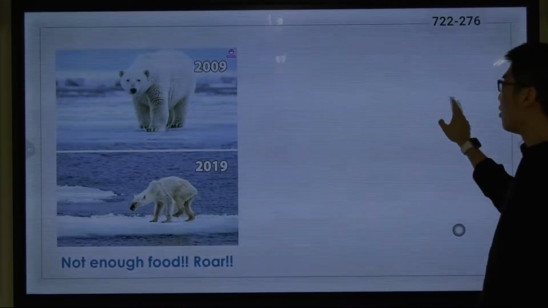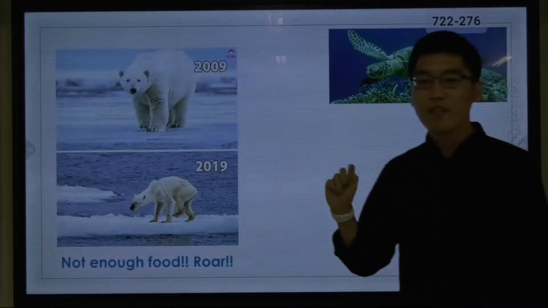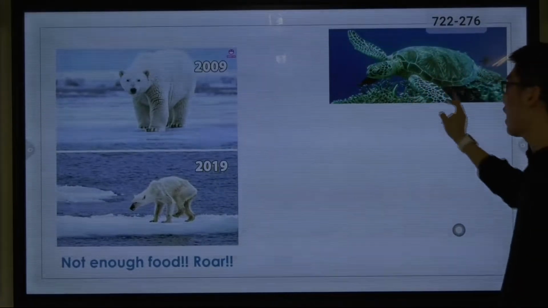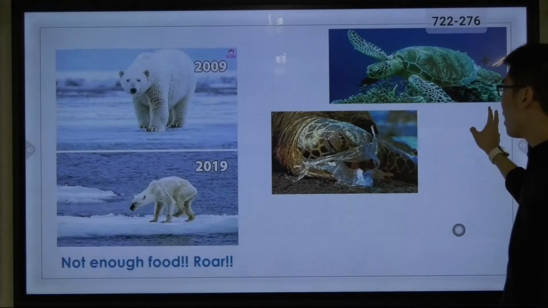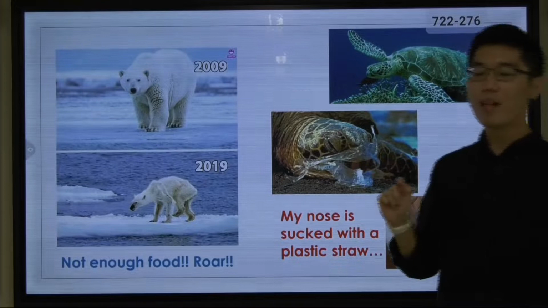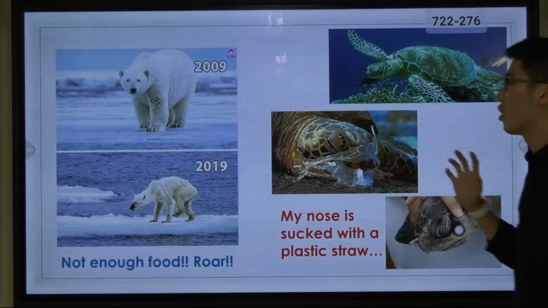This sea turtle should live happily in the beautiful sea. You can see in this picture, very beautiful, right? However, years later, a lot of rubbish is thrown in the ocean, and the ocean got polluted.